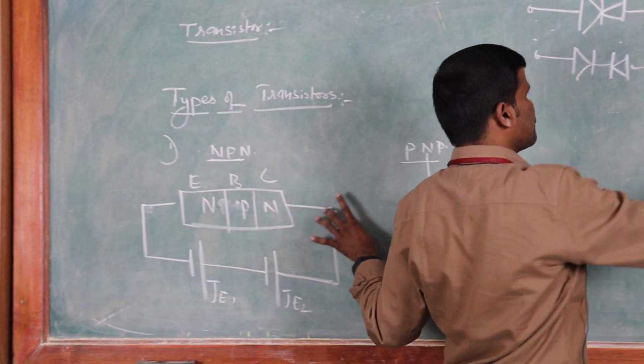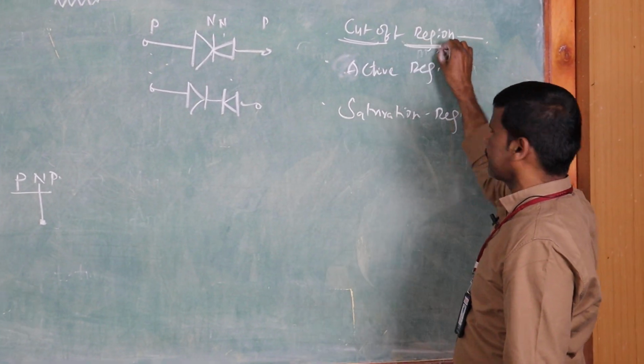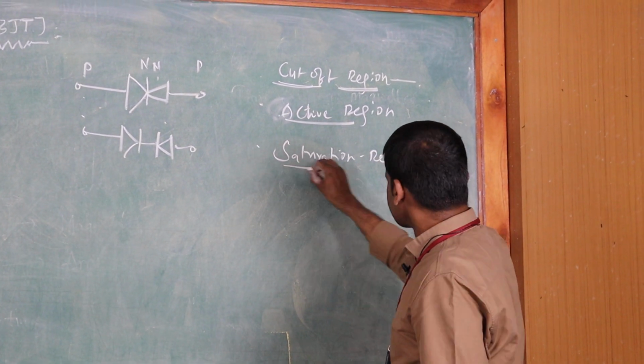So the operating regions of any transistor are cutoff, active, and saturation.